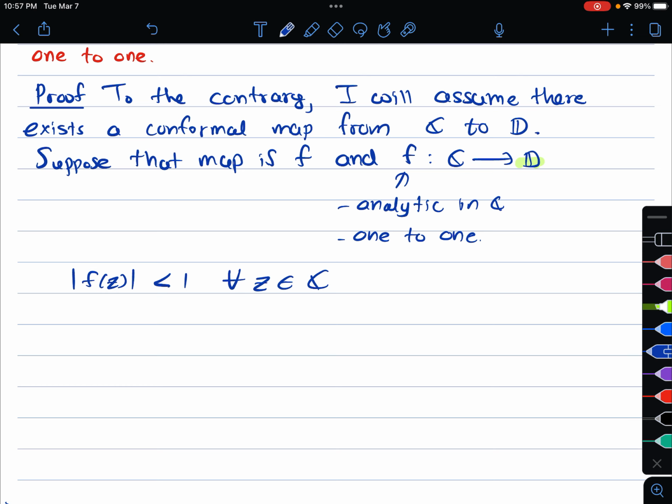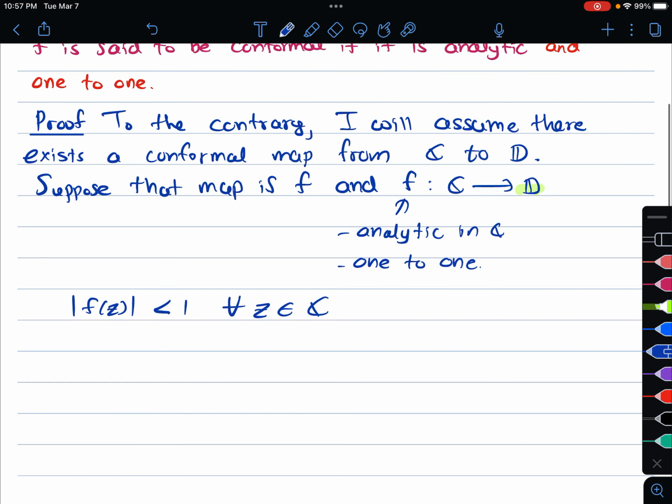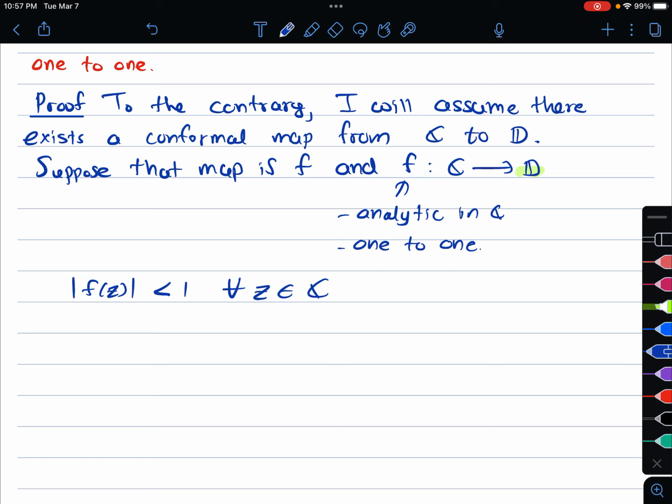Now I can use Liouville's theorem. So what does Liouville's theorem say?